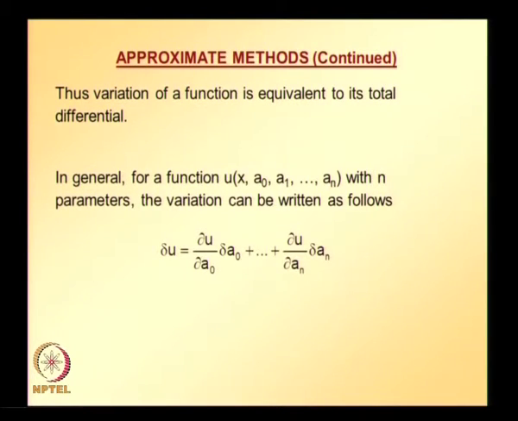This is one of the important points, because delta A naught, delta A1 and delta An, all these perturbed parameters, are non-zero. So the variation of u is equal to 0 only if the partial derivatives of u with respect to these parameters A naught to An are 0 independently. This is an important point that you should keep in mind, which we will be using later during this variational approach.